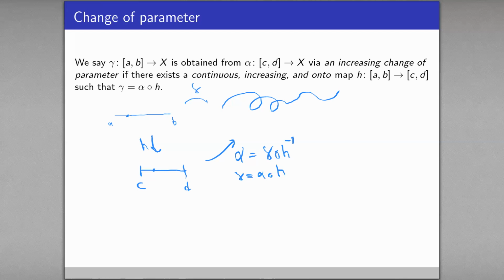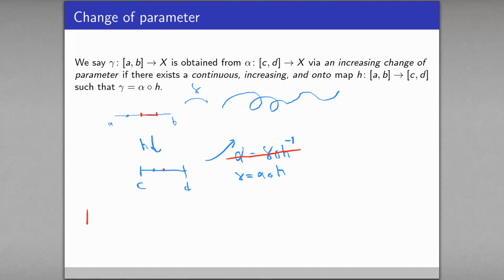But the point will be that in this definition, we don't require h to be bijective. Now, what will happen is that h is continuous, increasing and onto, so the interval fills the other interval, but there could be some part which maps to the same point. And therefore, this h has no inverse, so it's out of the picture, and you are only left with this.